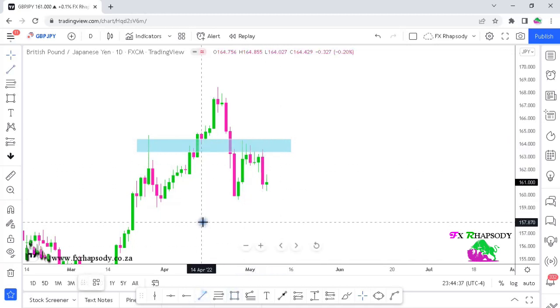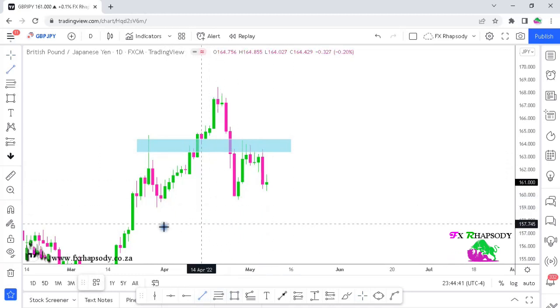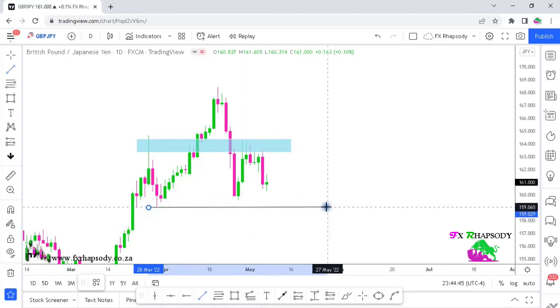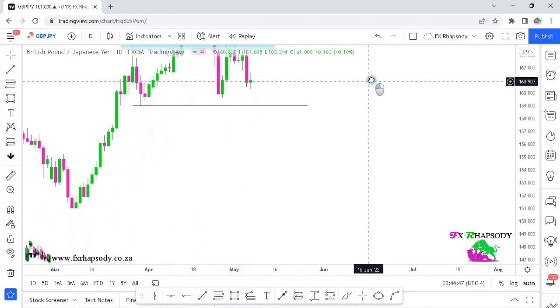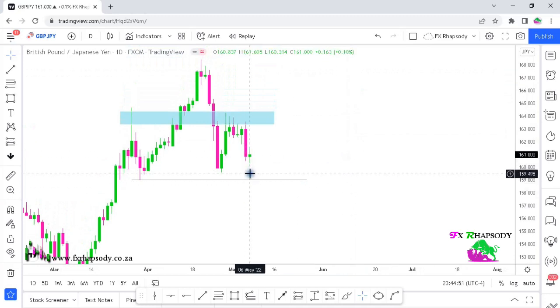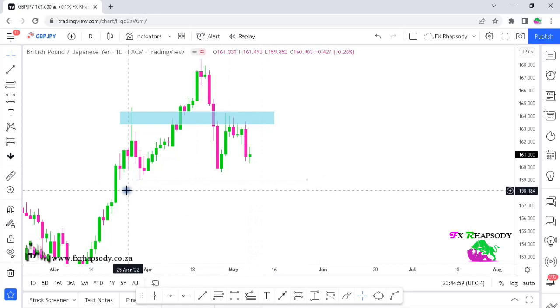I would like to see price, first of all, get past this low over here, but this is the essential low. If it goes past this area, I'm going to see price going down. Price might also just tap liquidity, because there will be liquidity lying over here, right about there, and then obviously the big liquidity pool lying down here with this push to the upside.